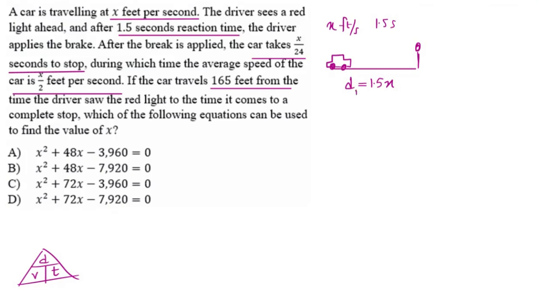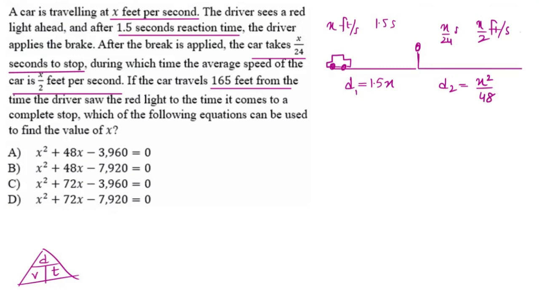Let's call this distance 1. And after the brake is applied, they have given the speed and the time, which is x over 24 seconds, the time to stop. And during this time, the speed was x over 2 feet per second. So let's get the distance 2 expression, which is x squared over 48.